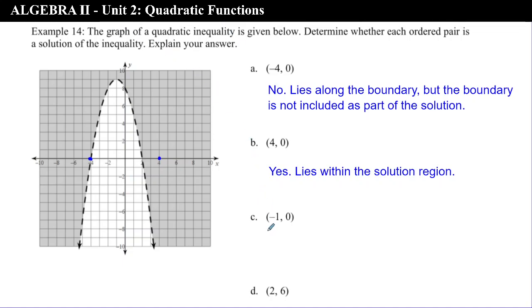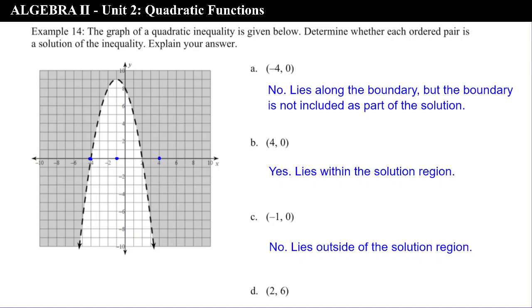Okay, now let's head on over to C, which is negative 1, 0. So here's negative 1, 0 right here, again on the x-axis. And this time we are clearly outside of the solution region. So we would write this. We would say, no, it is not a solution because it lies outside of the solution region.